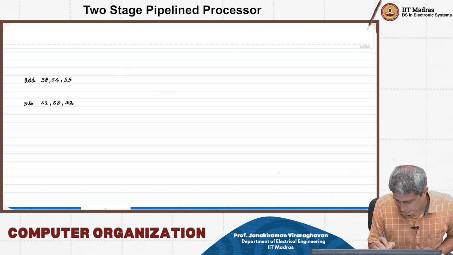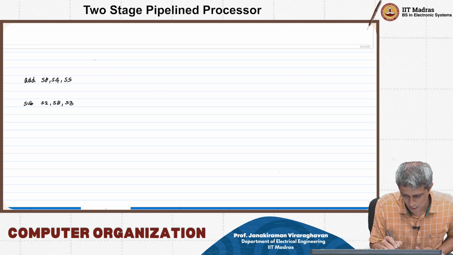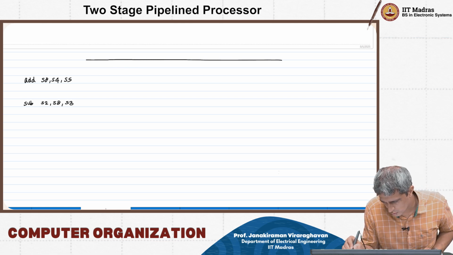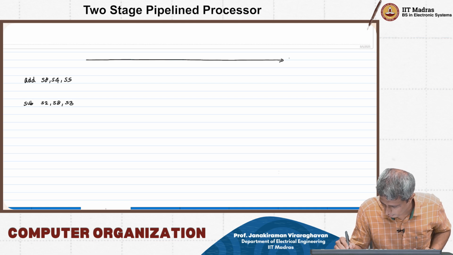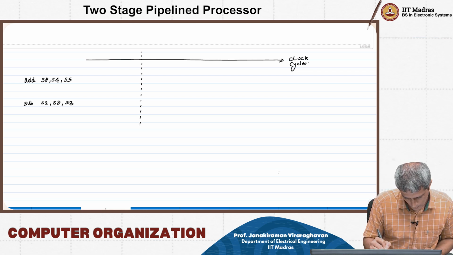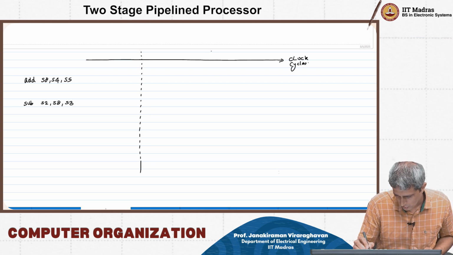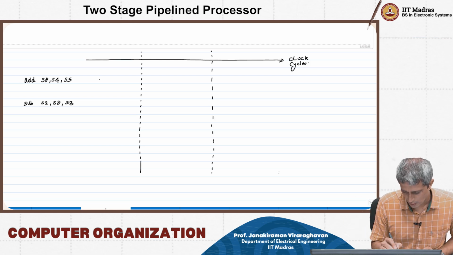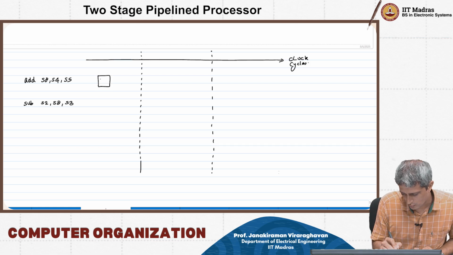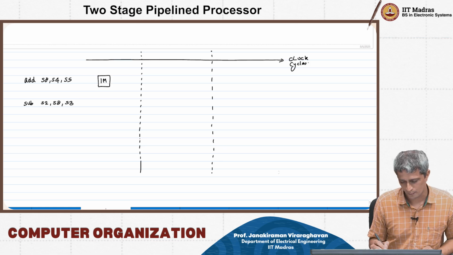So therefore if I look at this, I can draw the clock cycles out here. Okay, so the instruction memory is going to allow you to read the data here, right?